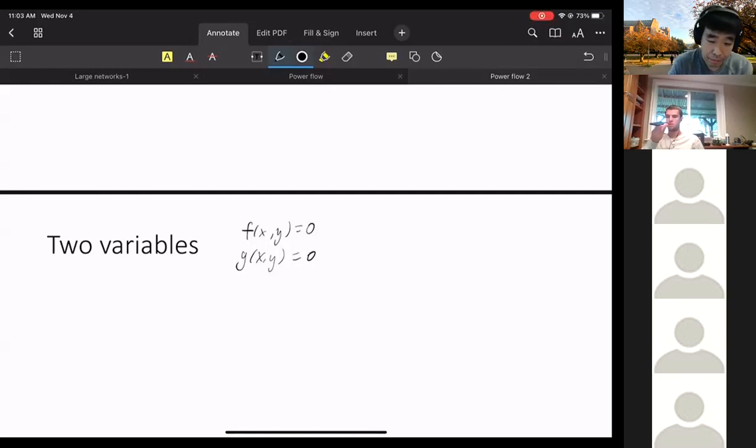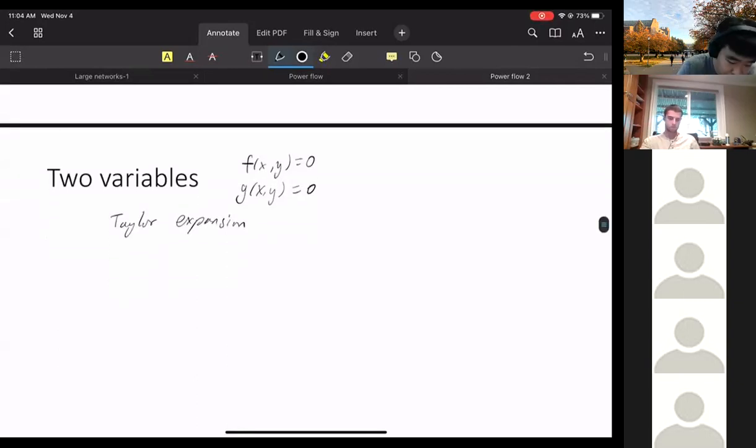You basically still do a Taylor expansion. We're going to assume the Taylor expansion exists for all the functions we look at. It turns out for power flow equations, they exist. They're continuous, bounded, all this sort of thing, so the Taylor expansion always exists for us.